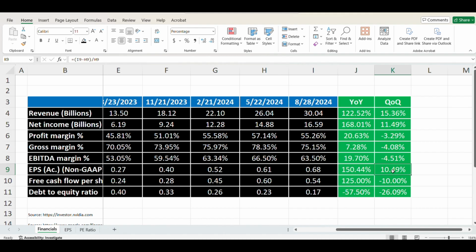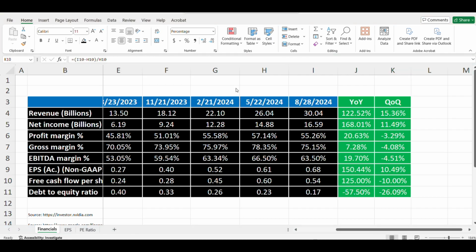They did a good job on EPS somewhat, but not a good job on the free cash flow per share because the free cash flow per share is declining quarter over quarter. But debt to equity ratio numbers are declining, so that's a good thing. So the financials from Nvidia in this quarter are mixed, and hopefully they can improve their numbers on the margin percentage and the earnings in the next quarter.